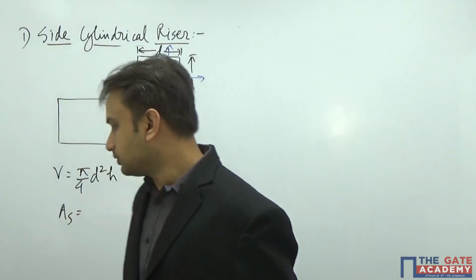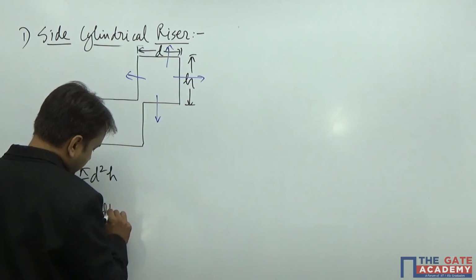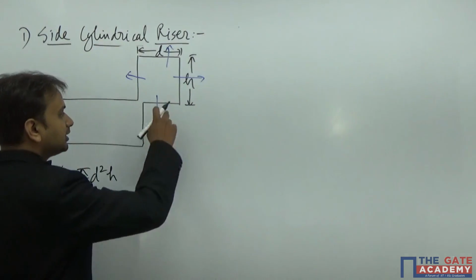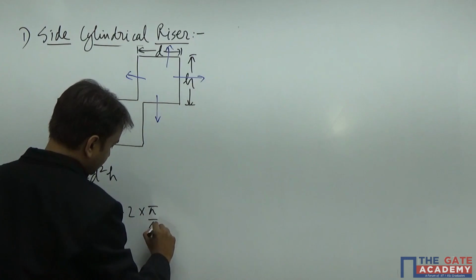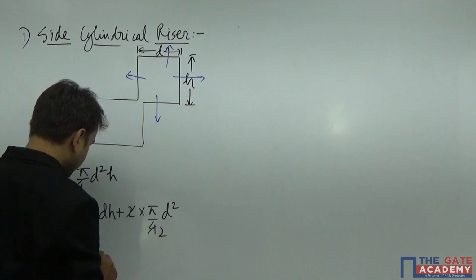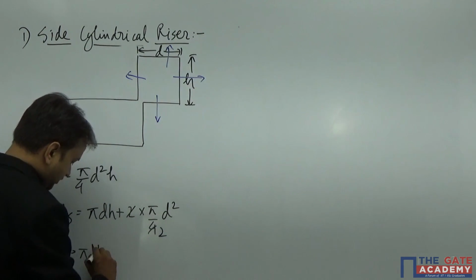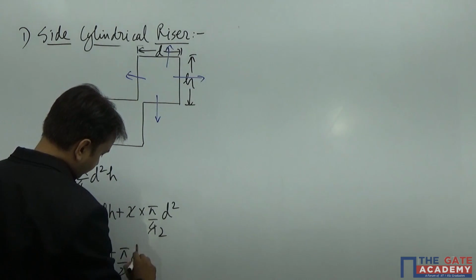So the surface area will become pi dh, which is the surface area of the cylinder wall, and then 2 times pi by 4 d square. So this gets cancelled out, and I have the surface area as pi dh plus pi by 2 d square.